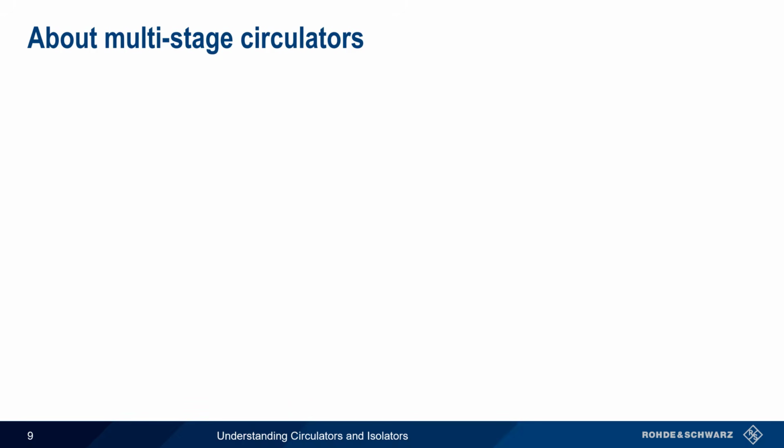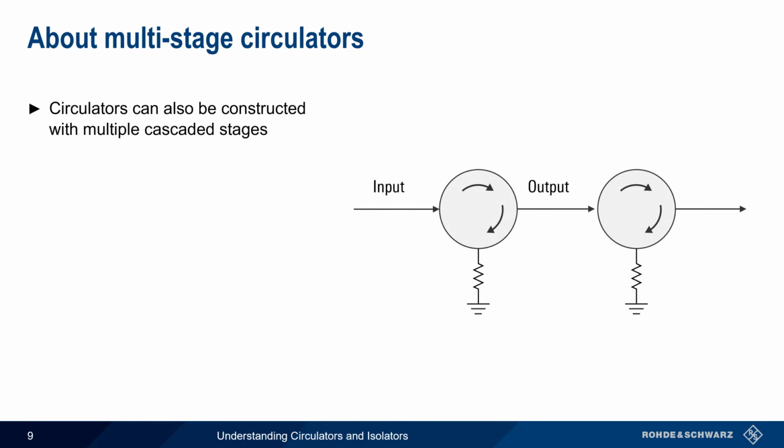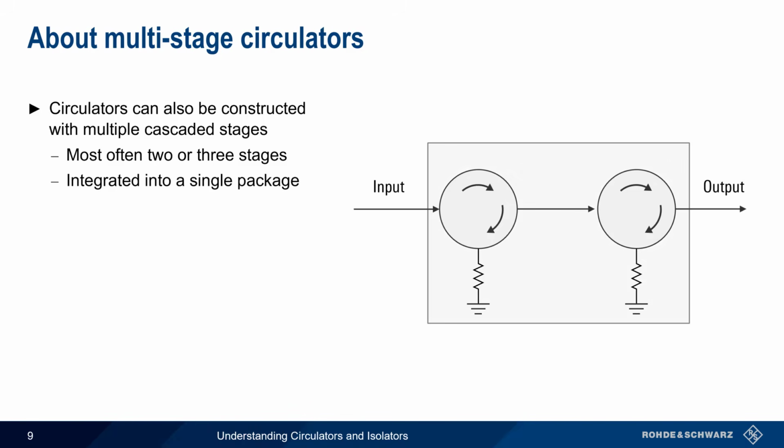All of the circulators we've looked at so far are single stage, but it's also possible to construct a circulator with multiple cascaded stages. Usually this is only 2 stages, as shown here, but sometimes there may be 3 stages. All of these stages are, however, typically integrated into a single package.